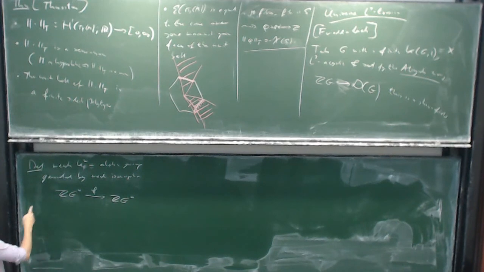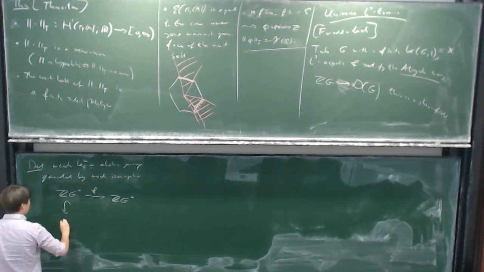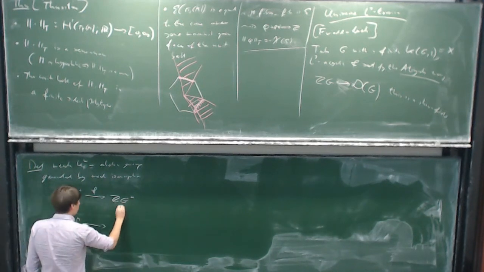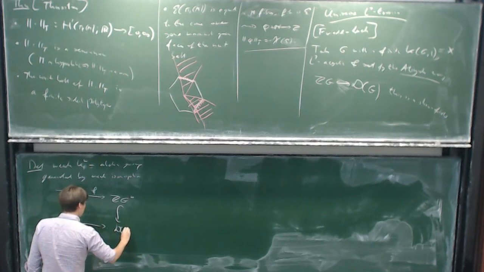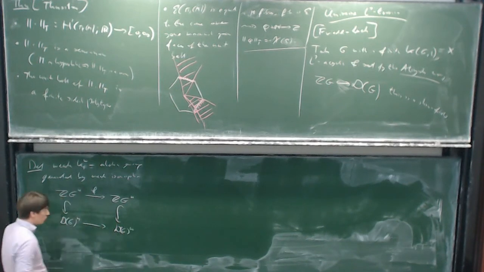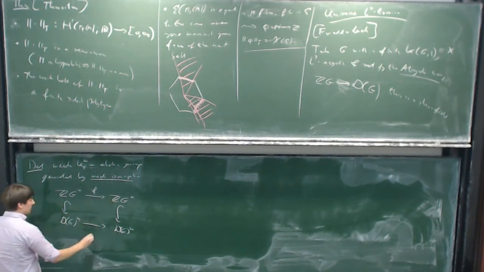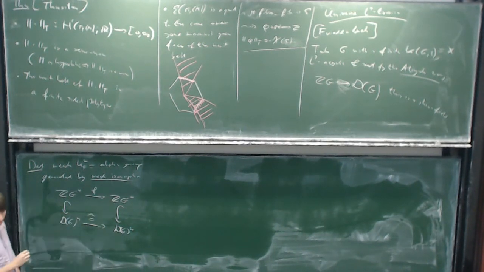Now, we know that ZG embeds into a skew field, so we can extend scalars, and we obtain a map between two vector spaces. Now, f is a weak isomorphism if this guy is an isomorphism.